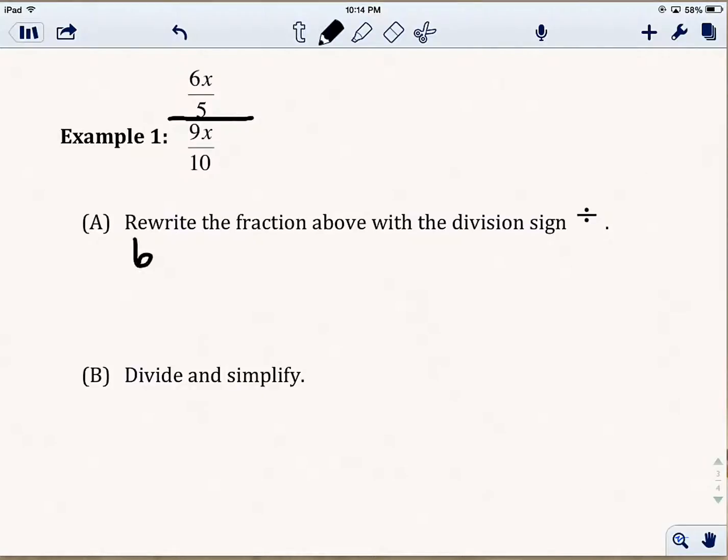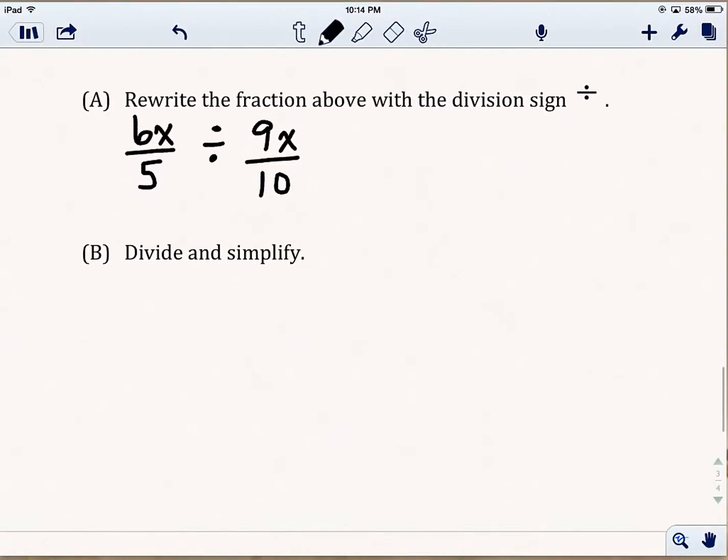We have our numerator, the fraction 6x divided by 5. And instead of that big fraction bar, I'm going to rewrite that with the division sign, divided by 9x over 10. So not as bad when you look at it in this form. It's just a fraction within a fraction, which is division. Okay, so now that I've rewritten it with the division sign, I can divide and simplify.